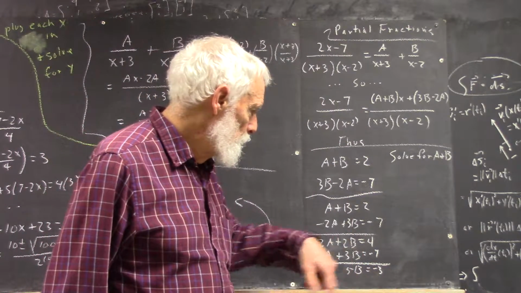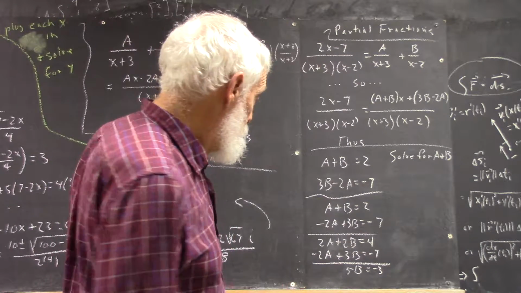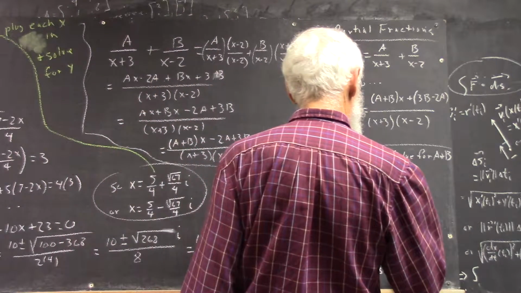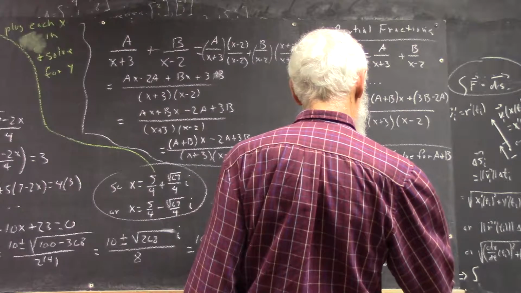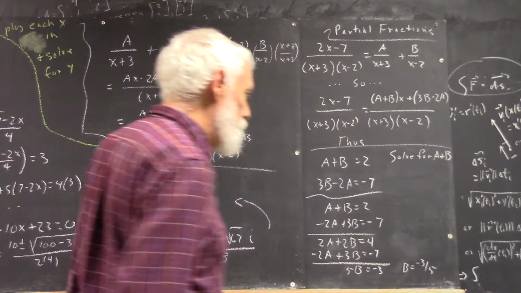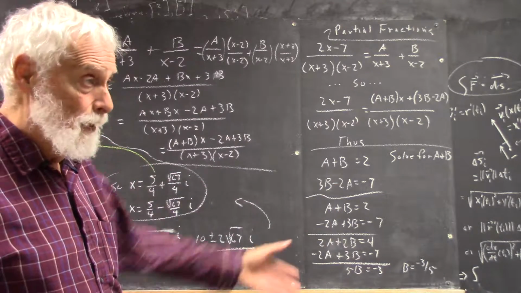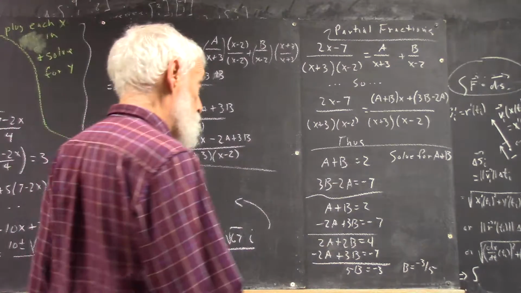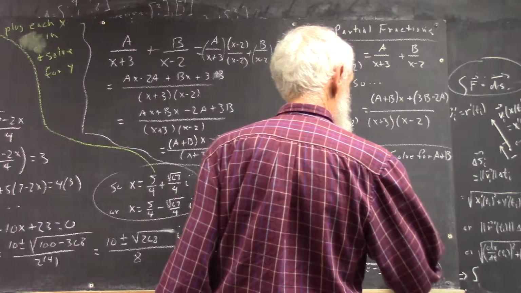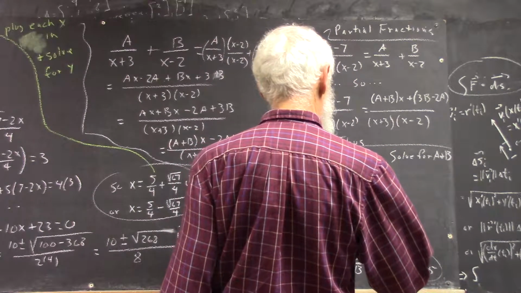We end up with 5b equals negative 3. b equals negative 3/5. I'm doing this quickly because you can do this. Yeah, y'all have been good at this for a while. Okay? So b is negative 3/5.